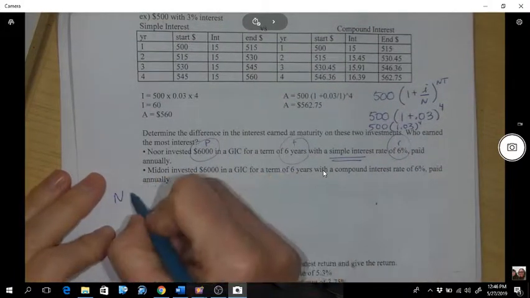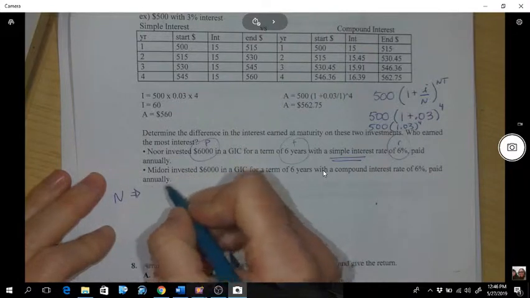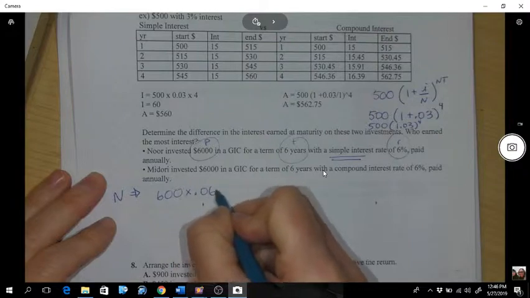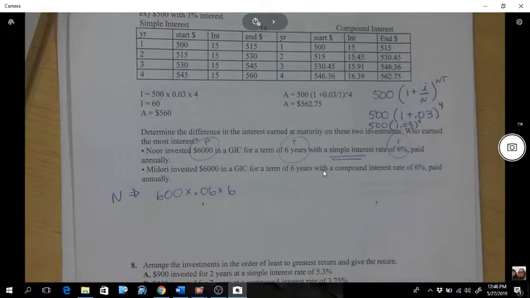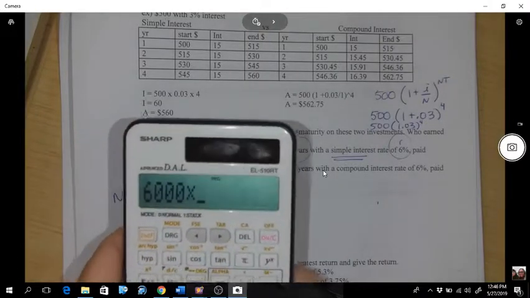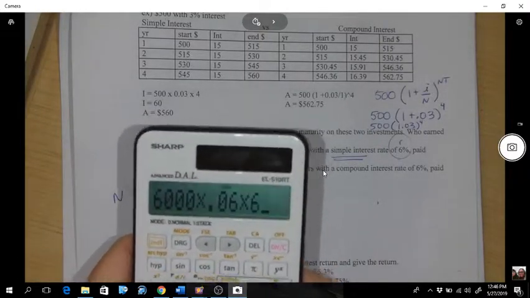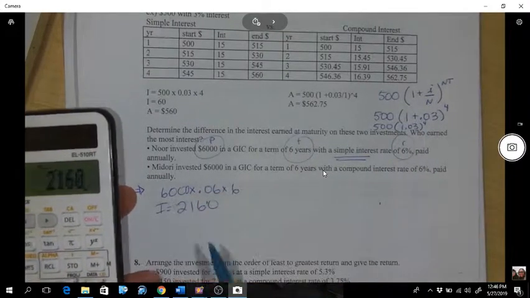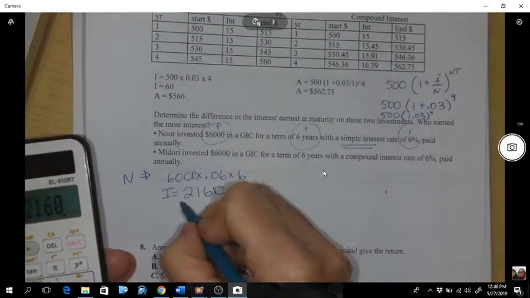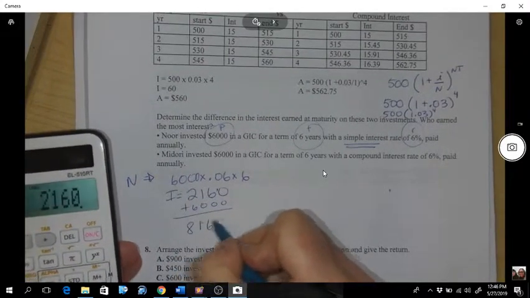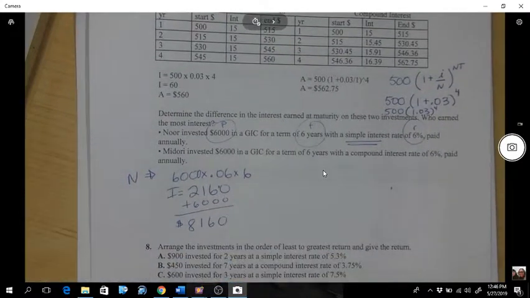So Nor, okay, so P times R times T. So 6,000 times 0.06 times 6 means he makes that much interest, but he also invested 6,000. So that's how much he has.